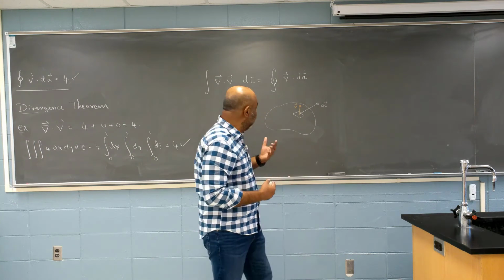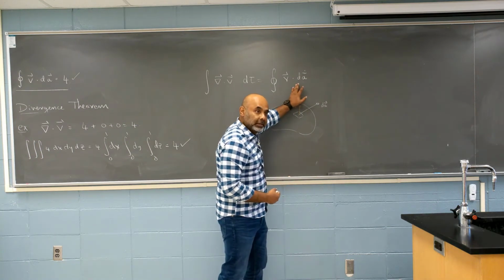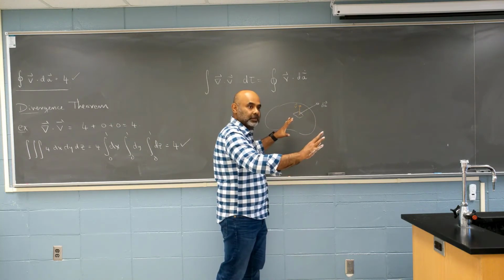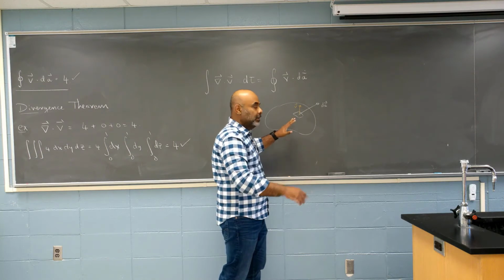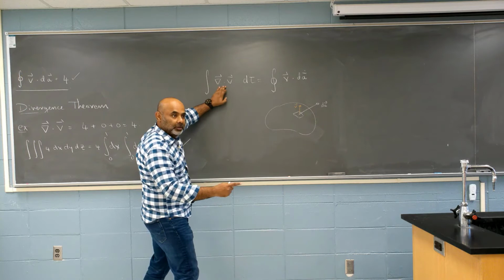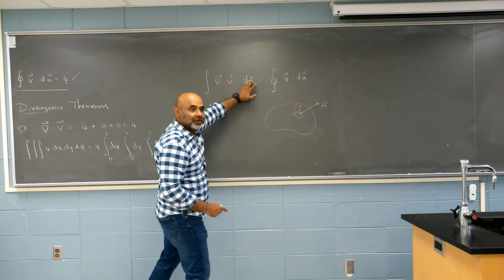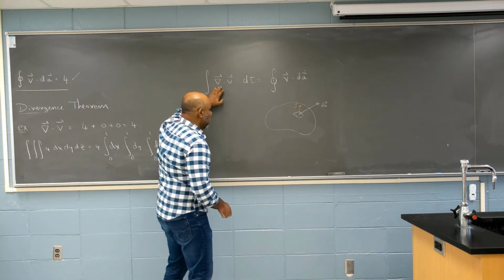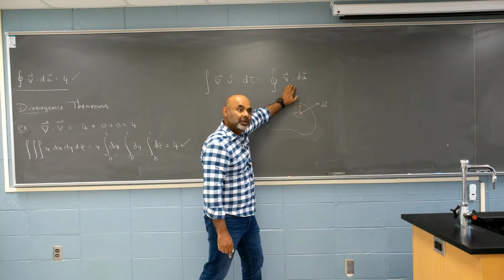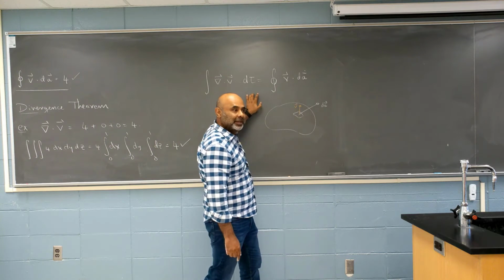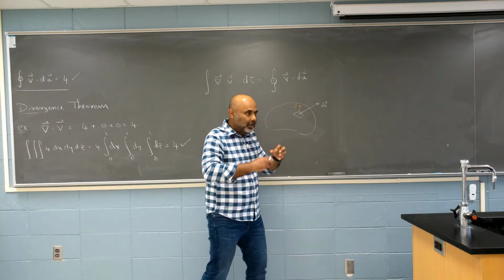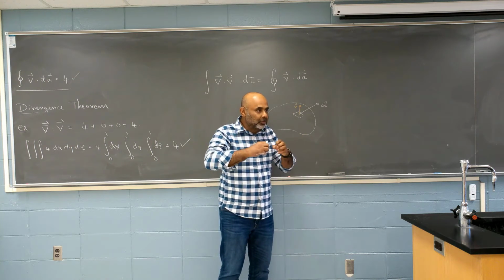Okay? So V dot dA is the flux. In this case, the amount of V that flows out of the surface. So the divergence is the amount of vector field that flows out of the surface per unit volume, divided by volume. Does that make sense? Amount that flows out per unit volume.